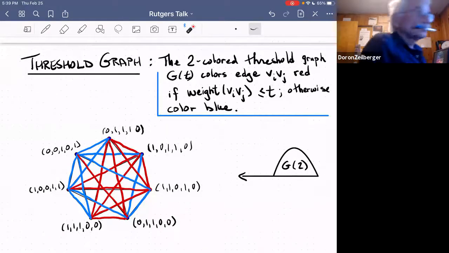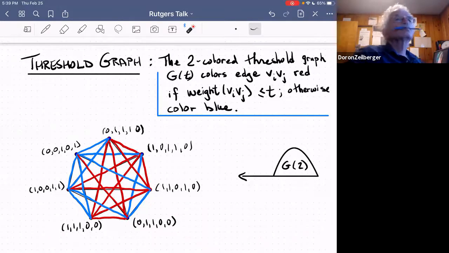Everywhere you see a red edge means that the Hamming distance is at most 2. And the blue means it's 3, 4, or 5. And so we get this graph. As you vary T, obviously this graph will change. Eventually it'll be all one color.